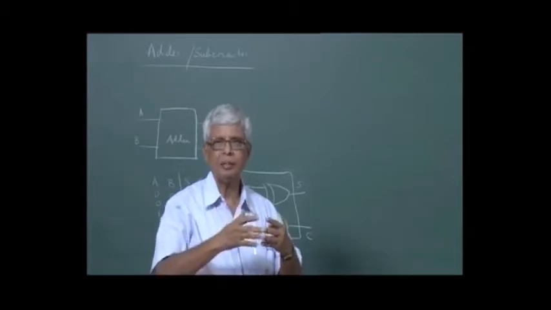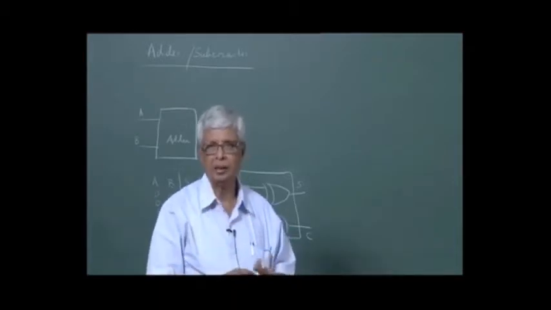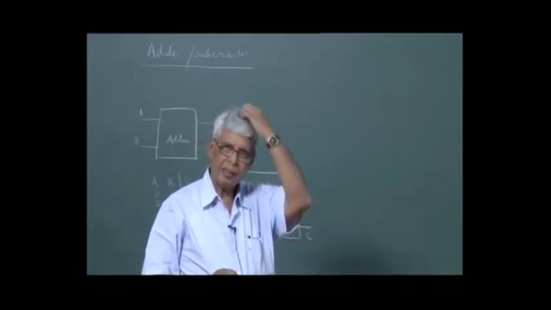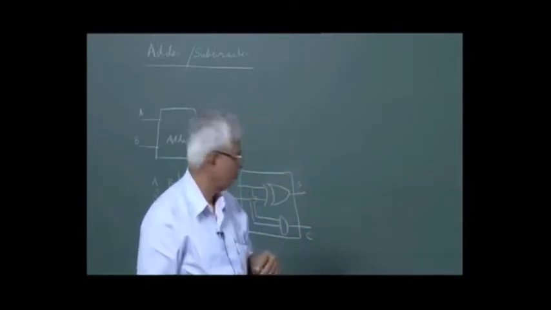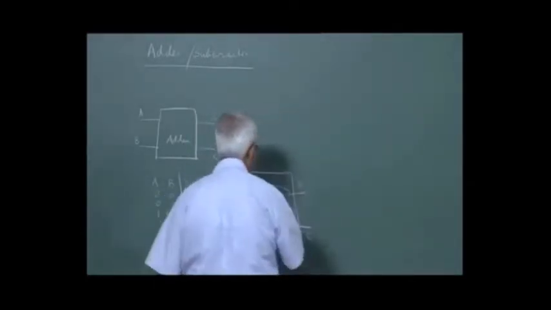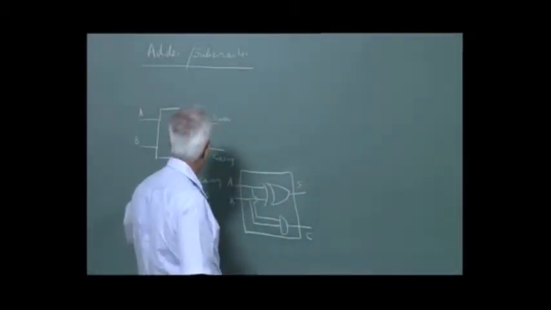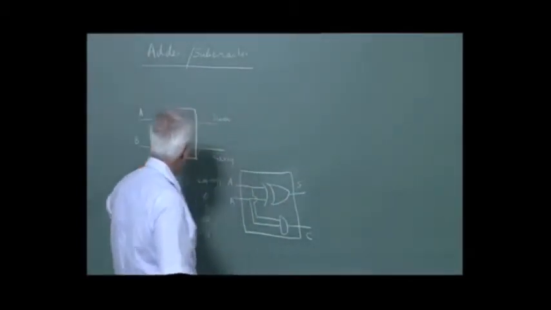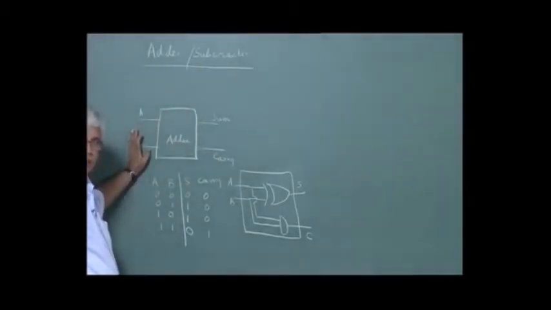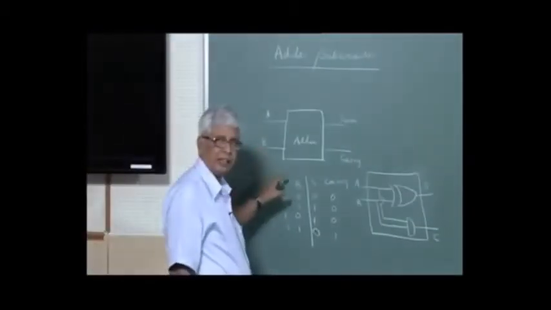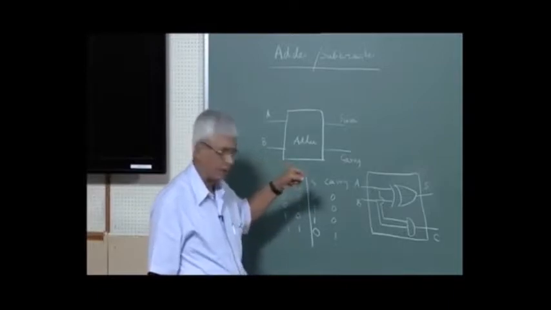So we need a multiple bit adder. So when you have a multi-bit adder, this carry has to be fed into the next bit position. So these two inputs A and B alone are not sufficient. We need an extra input called carry in.